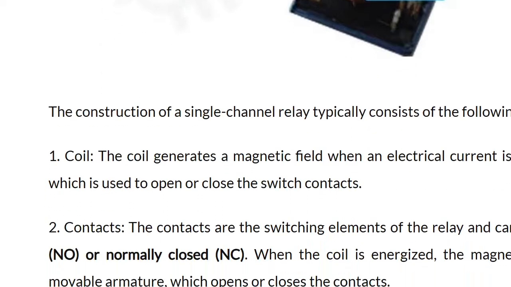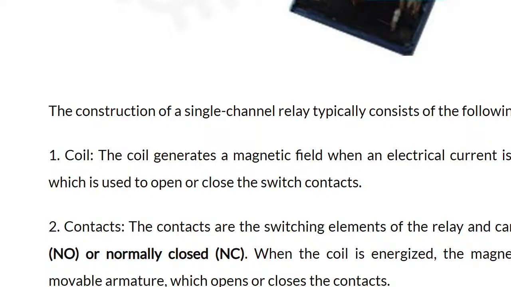Now, if you apply a small DC voltage to the terminals of the coil, it generates a magnetic field. We know that electric and magnetic fields are interlinked as electromagnetic waves, EM waves.